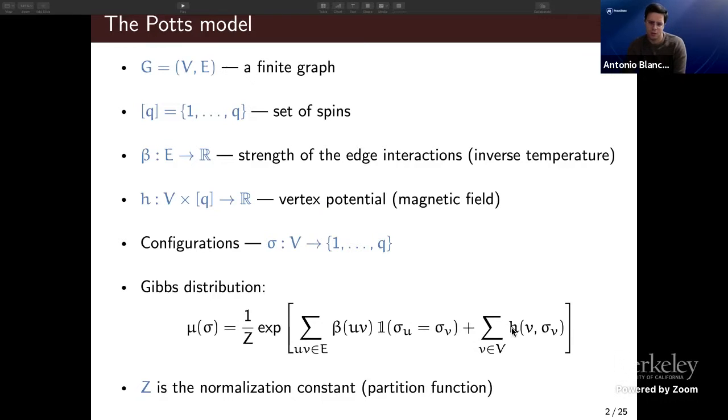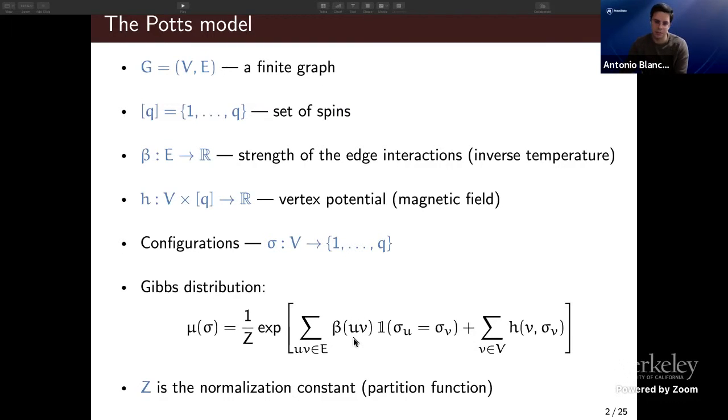Okay, so we saw some special case when there are only two spins. This corresponds to the Ising model, and in many cases we will look at simpler versions of this Gibbs distribution, where, for example, we will assume sometimes that this is just a constant.